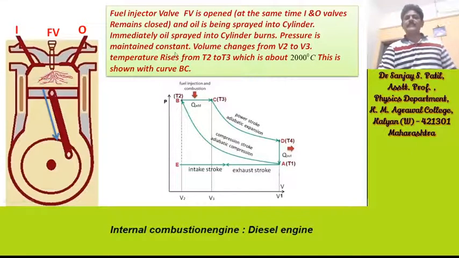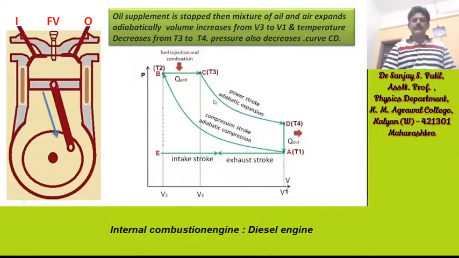Pressure is maintained constant. Volume changes from V2 to V3. This is shown by BC. Temperature rises from T2 to T3, which is about 2000 degrees centigrade. This is shown with curve BC in this diagram.